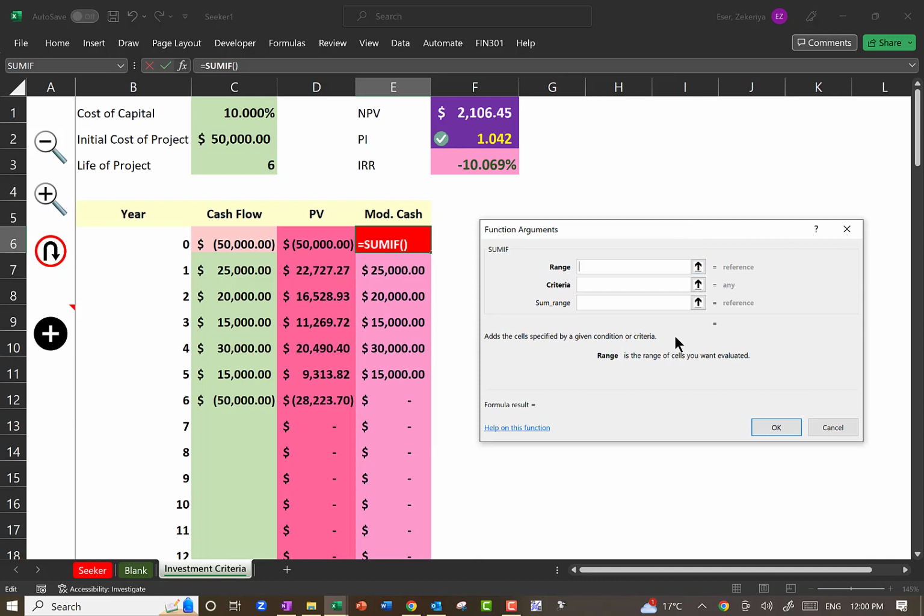The first argument is the range for which you want to do a test. It's my cash flows. They go up to 106. The second is criteria. In quotes, I'm going to do less than 0. And the last argument is the sum range. It's actually the PVs.